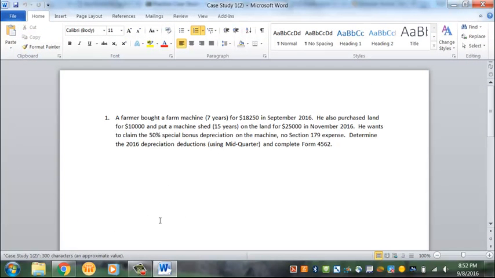So if we look at the first case study for the practice, I'll tell you that the farm machine, in parentheses here, has a useful life of 7 years and was placed in service in September of 2016. So you don't have to determine anything like that. And I'll also tell you, as in this first one, that for this you should be using the mid-quarter convention. So you aren't going to have to determine that at all.